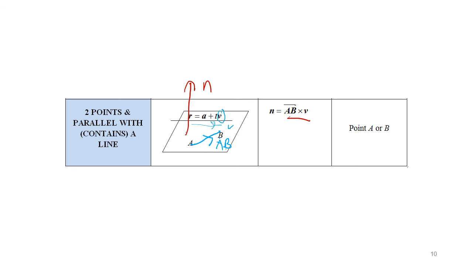Okay. And then to choose position vector A, you can choose either point A or B. But as I said earlier, since we find vector AB, surely we choose point A. Okay. So that's the 7th situation.